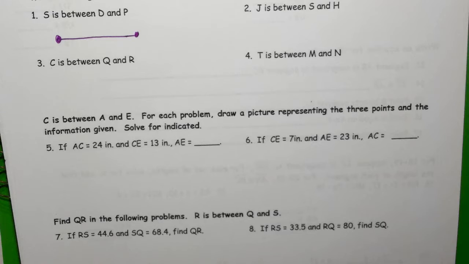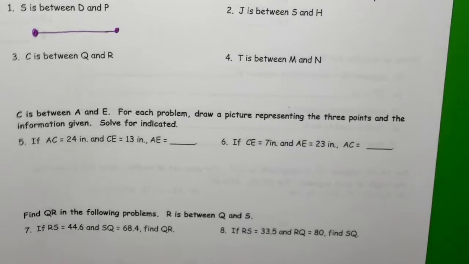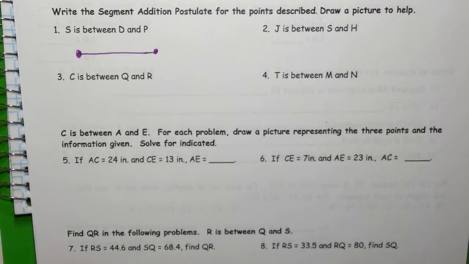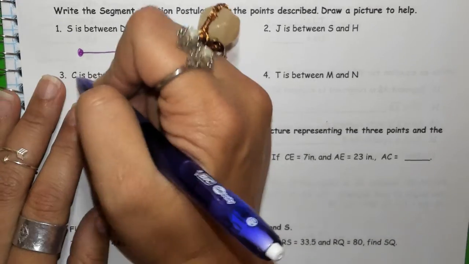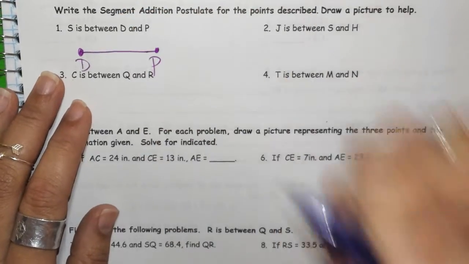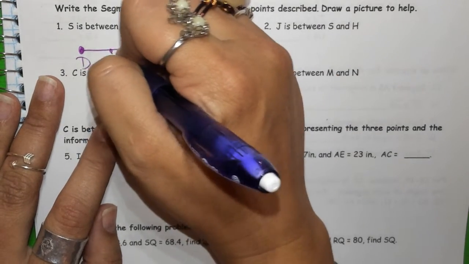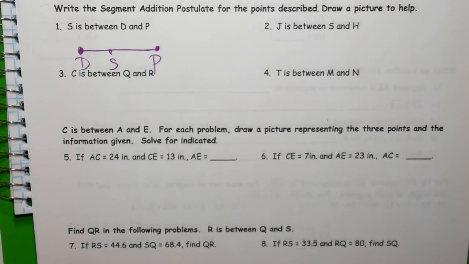Now, what should we put on the ends of those segments? D and P. And what goes in between those? Draw an S. Now, the segment addition postulate says that we write the parts and they add together to equal the whole.